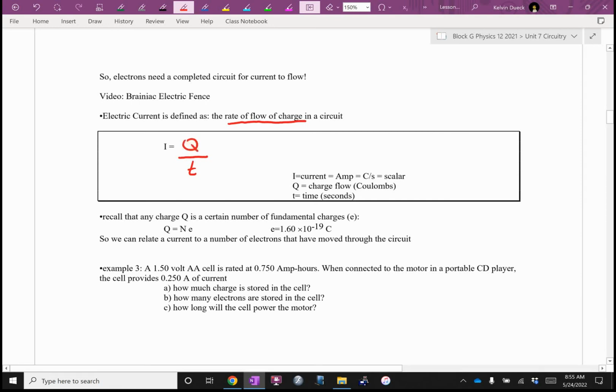Current is actually coulombs per second. It's sort of like velocity in our kinematics section. Except 1 coulomb per second, we name that an amp, named after a scientist whose last name was Ampere. So current is measured in amps.